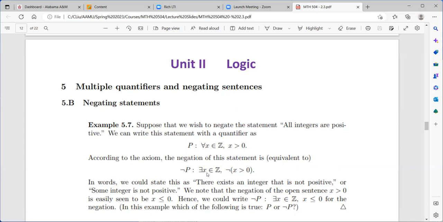So there exists some integer X so that X is either 0 or negative. Well, of course, that's true. So when you negate the first statement, which is false, you get a true statement, of course. So you say there exists an integer that is not positive, or some integer is not positive, or some integer is 0 or negative, all right?